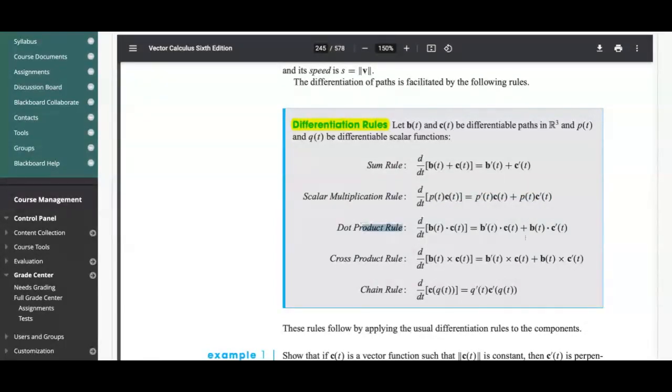For the dot product rule, it follows the product rule but respects the dot product structure. For the cross product rule, it follows the product rule, but it keeps the structure of the cross product. Then the chain rule deals with composition of functions.